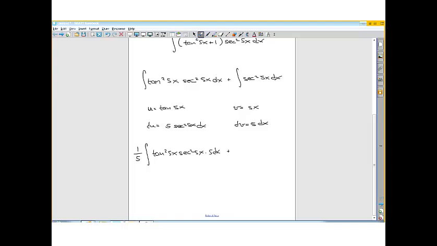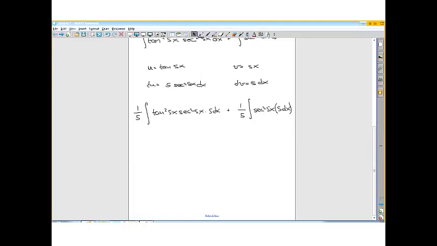And the second part, we'll do the same thing. We need 5 dx here, and we don't have 5 dx, so we'll take 1/5 the integral of the secant squared of 5x times 5 dx. So that 5 and that 5 cancel out and give you 1. So now what we can do is the u and v substitution.